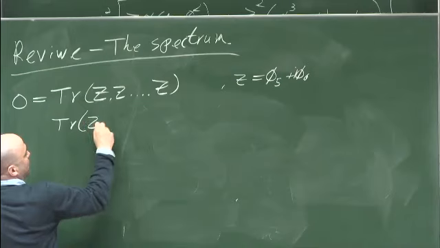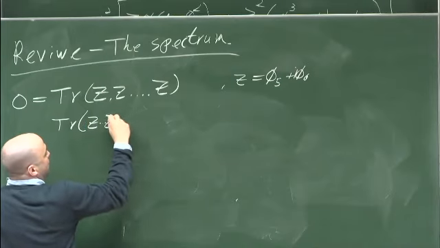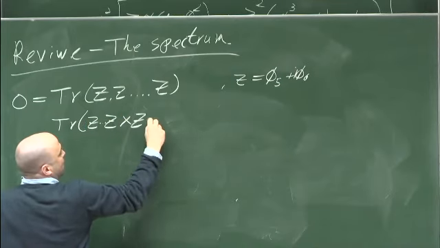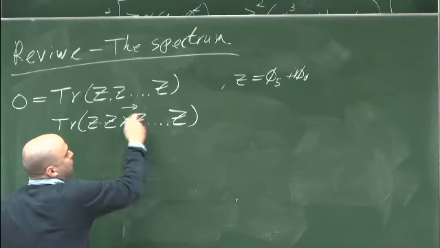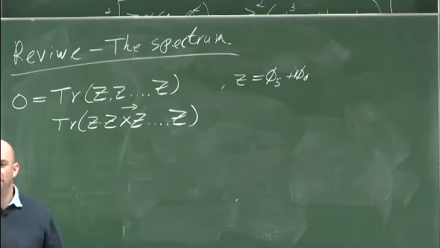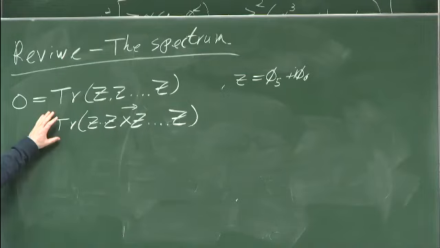So one can consider an operator with many Z's, then an X, and then again many, many Z's. If we now act on it with the dilatation operator, this insertion of X will start to move along the sea of Z's. And what we would like to do is to find the eigenstates of the dilatation operator. This is to compute the anomalous dimension of such operators.